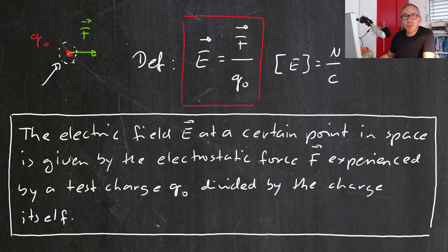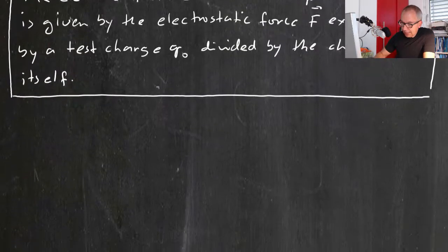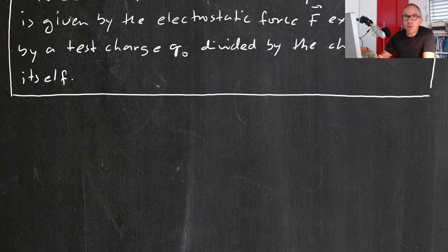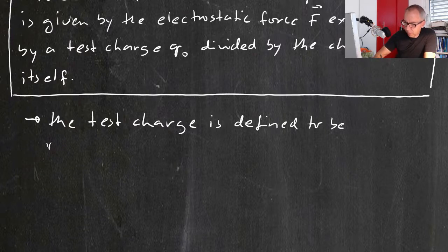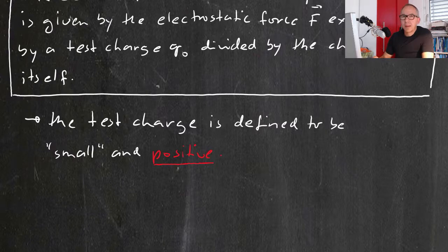Therefore, we also have to define what this test charge is, and the test charge is always defined to be positive and small, so it has no influence on other objects that are around. Let's make an example.